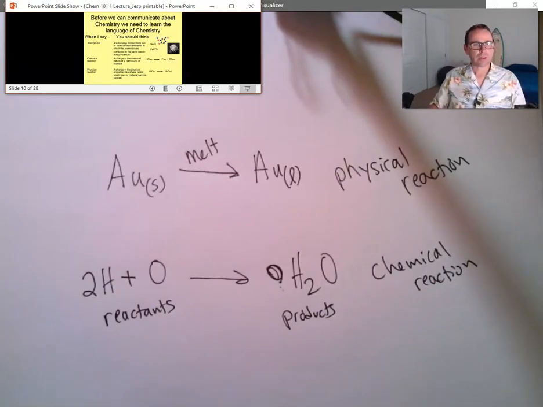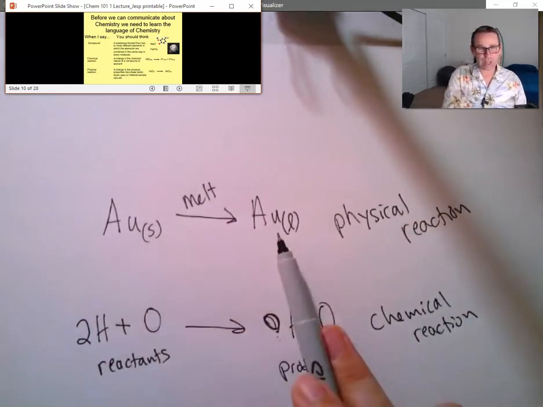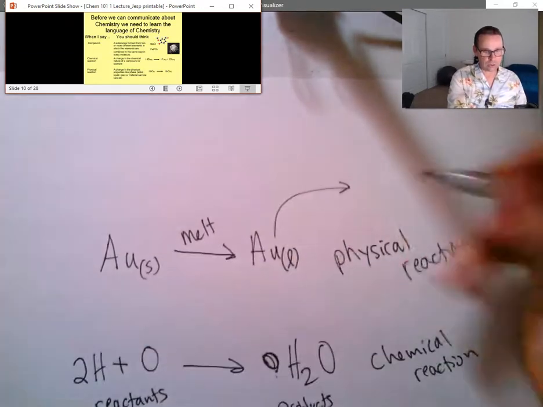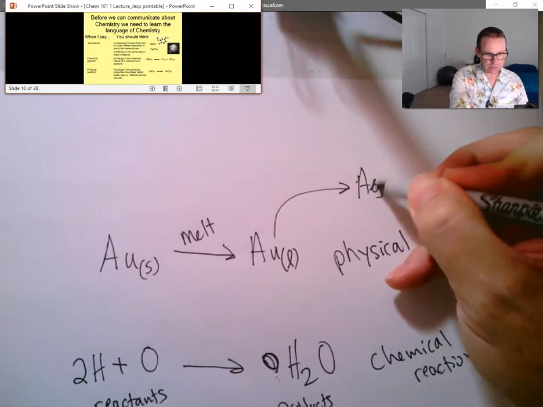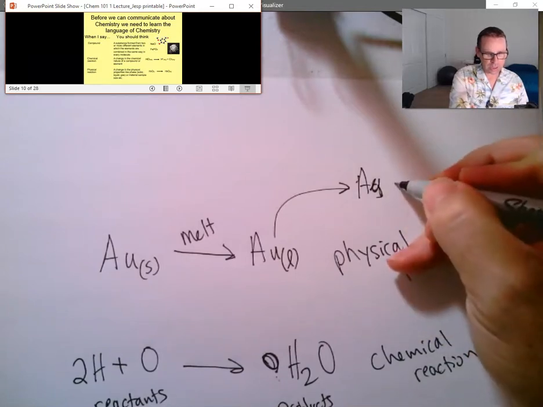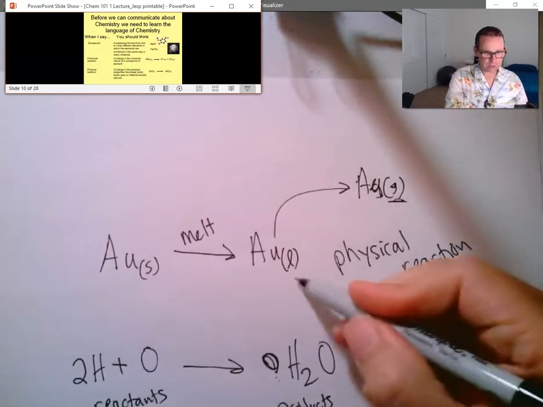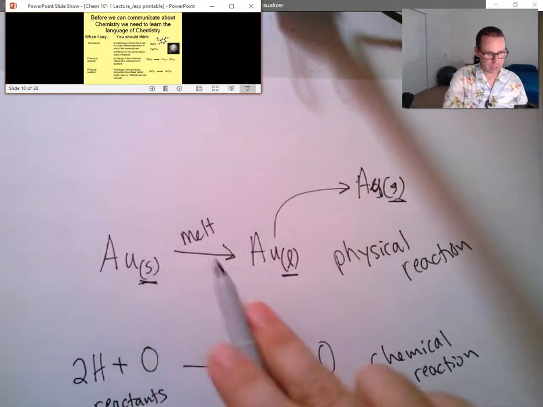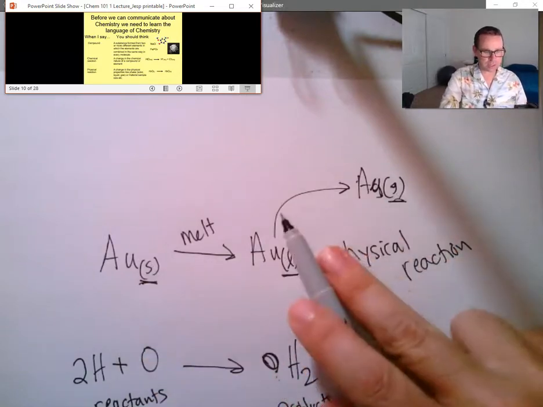So, there's not a whole lot of physical reactions that can occur. I can take this liquid gold, and if I keep heating it, I'll get a gas, and there's G for the gaseous state. So this is a liquid state. This is the solid state. Solid, melting it to liquid. What do you call it when you go from a liquid to a gas? Any ideas?